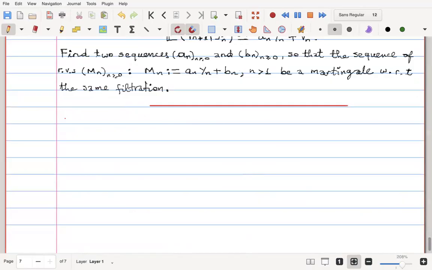So we'll write here a solution to the first problem, or the first question.